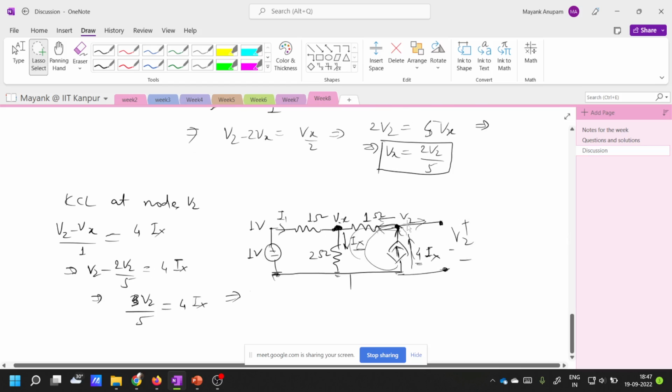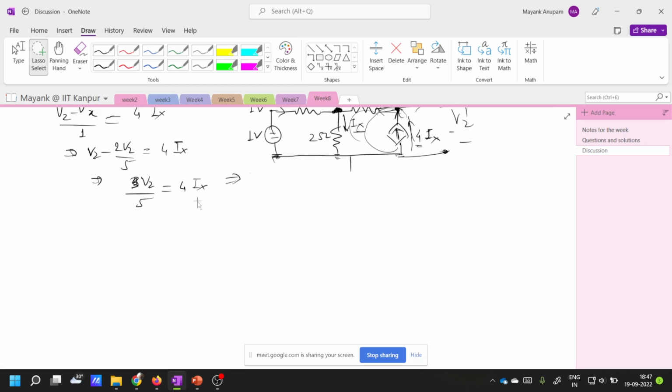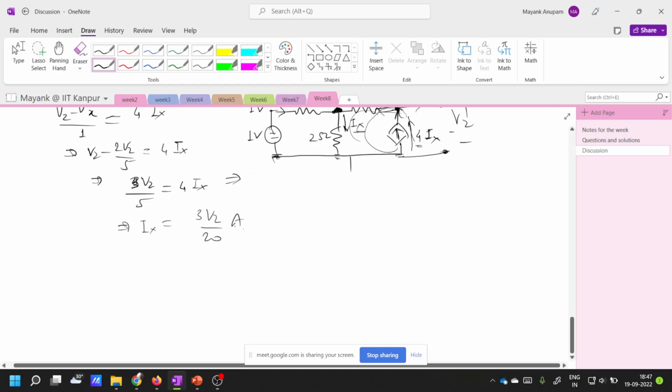Now the current here is what, the relation between this. From this you get Ix is equal to 3 V2 by 20, correct? This much of amperes.